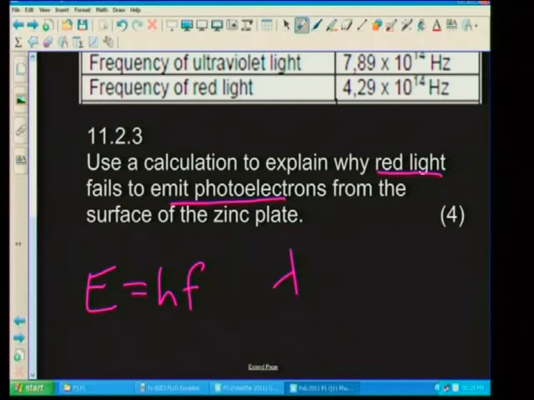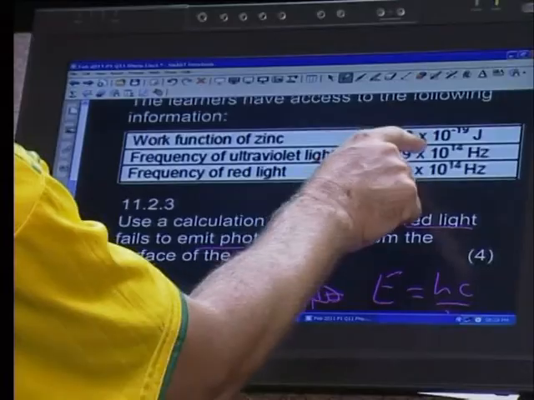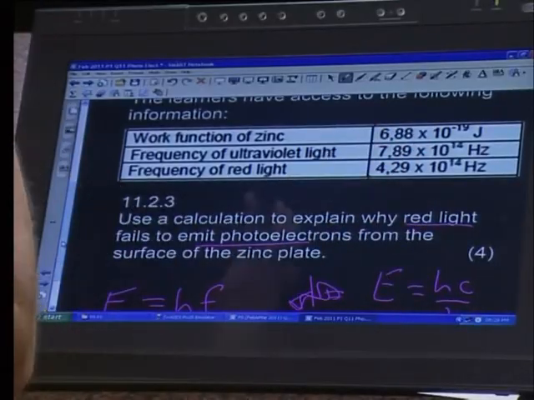If they give you wavelength, then E is equal to hc over lambda. So depending on what they give you, use one of those two formulas, calculate the energy, and compare it to the work function. In this case, you'll find that the energy of red light is less than the work function, and so that's why it won't emit photoelectrons.